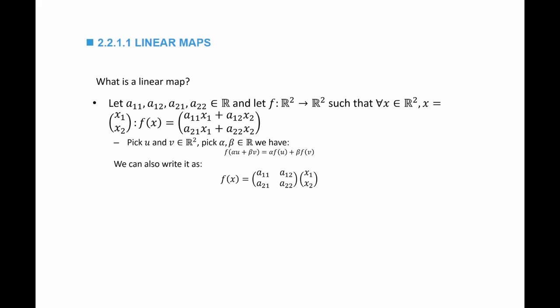And again, using this row multiplied by the column convention, you get a11 x1 plus a12 x2, which is the first component of the resulting vector, and then the second component is the second row multiplied by this column, a21 x1 plus a22 x2.